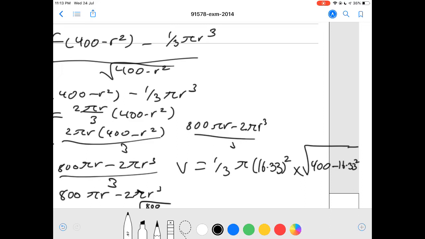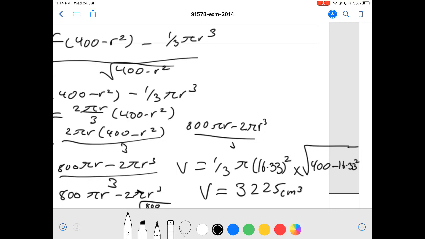So multiply by, sorry, I should do this first. 400 minus... You should get your answer as V equals 3,225 centimeters cubed. That's what you should be getting.